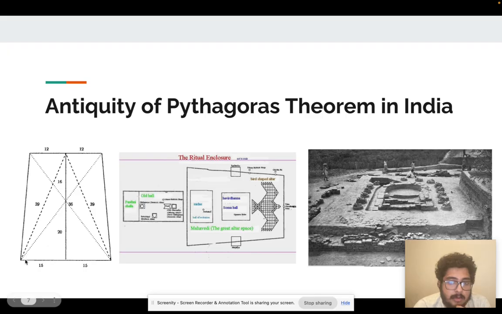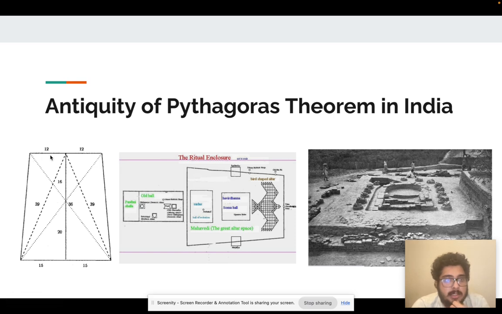What I want to say is that to construct this trapezium, that is these dimensions, you need to have knowledge of this Pythagorean triplet, that is 36, 39, and 15. If you have this Pythagorean triplet, that is this triangle, you can construct this trapezium easily.